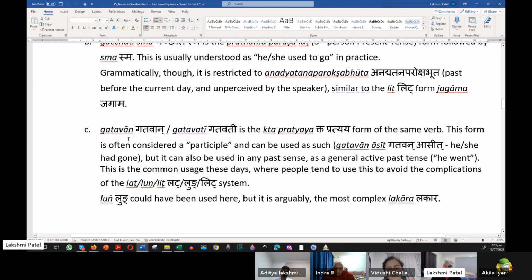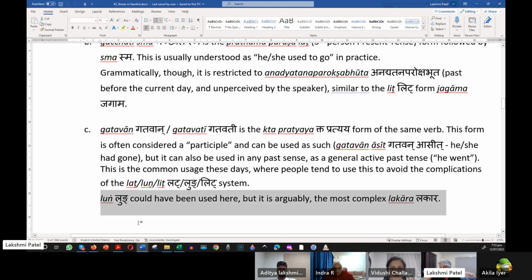You're just adding a suffix to the verb. And it is used in place of all three, lat, lung or lit. Okay. General past tense, he went, sahagatavan.